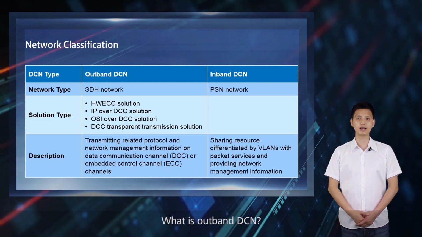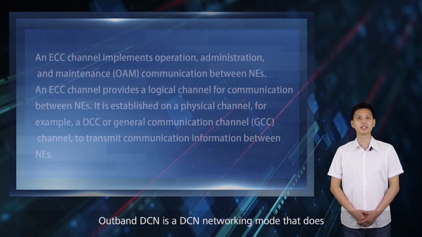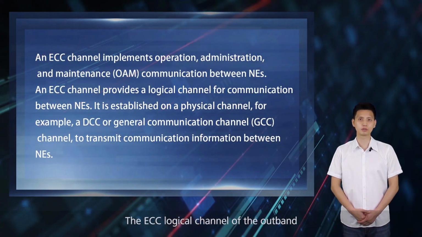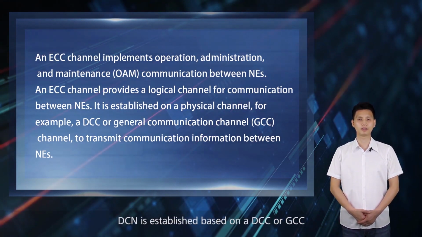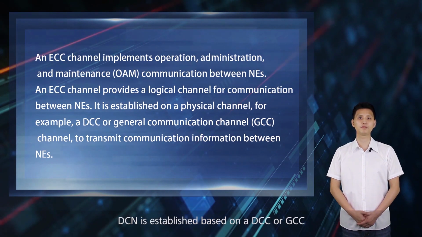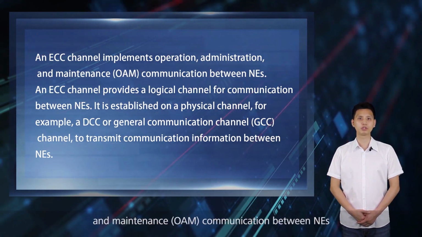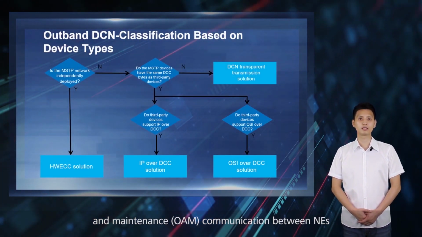What is outband DCN? Outband DCN is a DCN networking mode that does not use service bandwidths for data communication. The ECC logical channel of the outband DCN is established based on a DCC or GCC physical channel to implement operation, administration, and maintenance, OAM, communication between NEs.